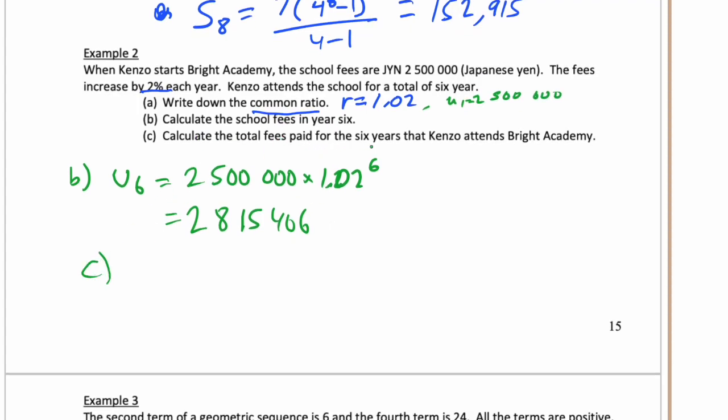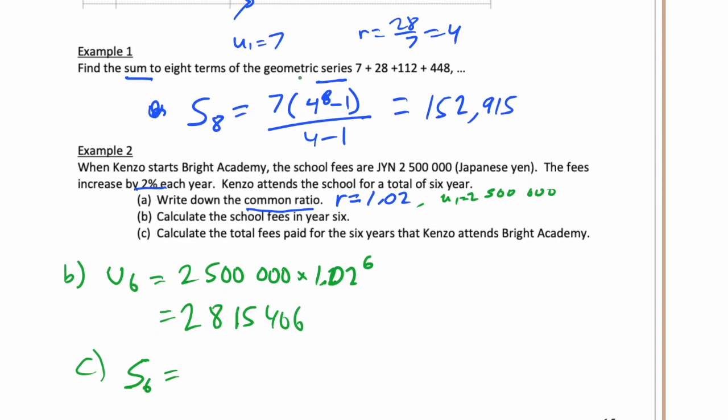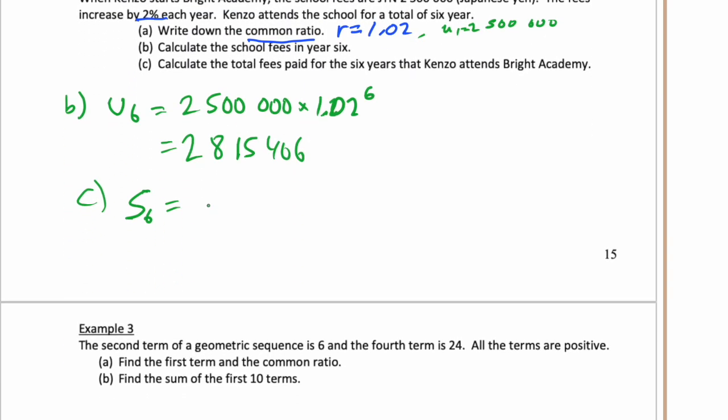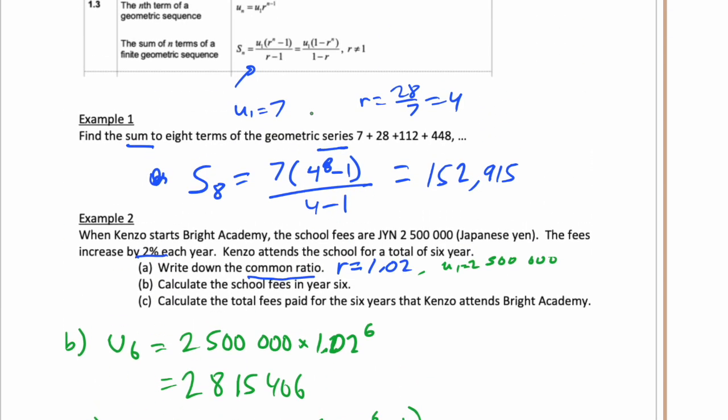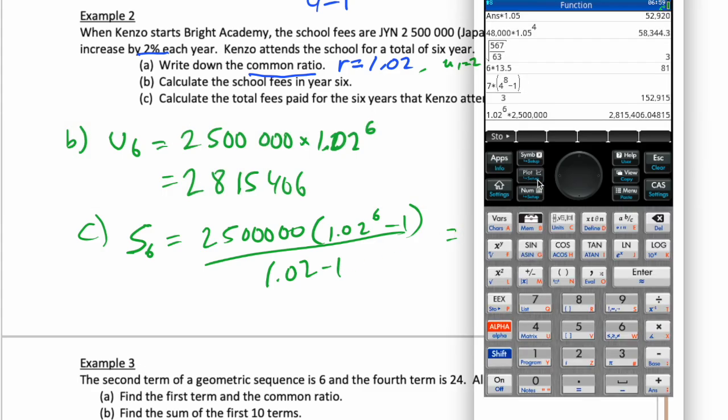Calculate the total school fees paid for the 6 years that Kenzo attends the academy. That's S6. And the formula is simply the first term, that's 2,500,000, times R, which is 1.02 to the power of 6, minus 1, divided by R minus 1.